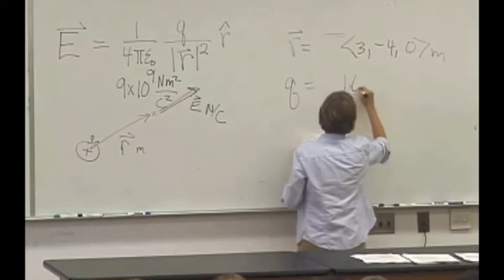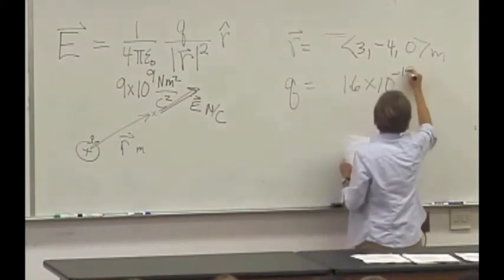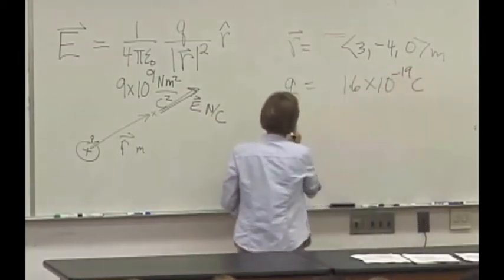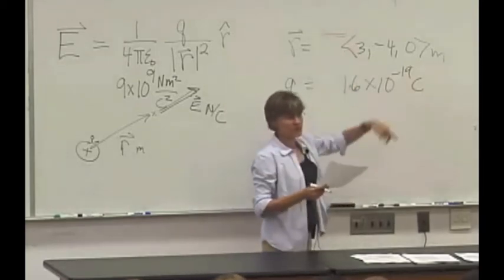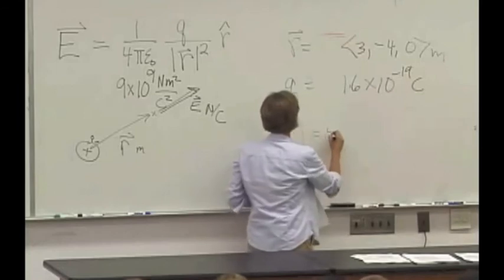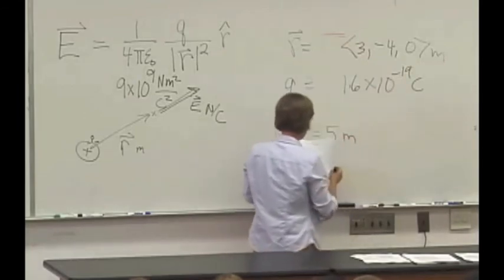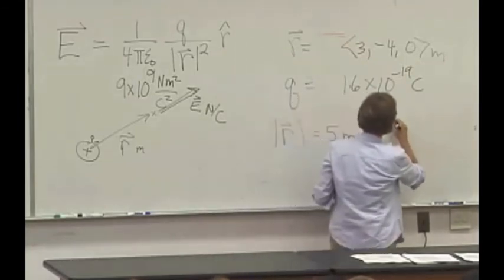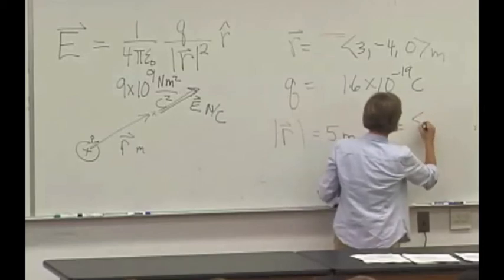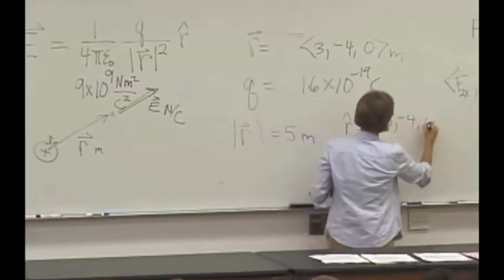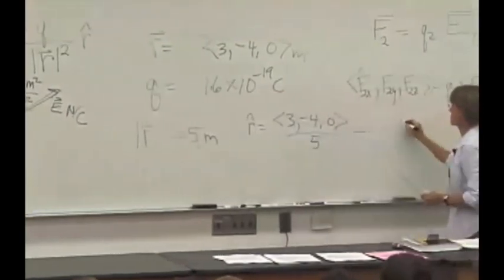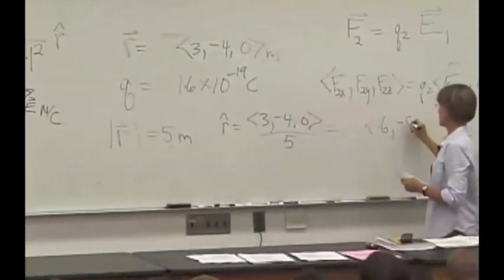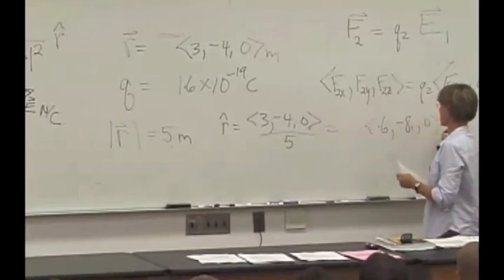Let's make it 1.6 times 10 to the minus 19 coulombs. Then the magnitude of r is the square root of 3 squared plus 4 squared, that's clearly 5 meters, right? R hat, I will tell you, is 3, -4, 0 divided by 5, and that actually comes out to 0.6, -0.8, 0.